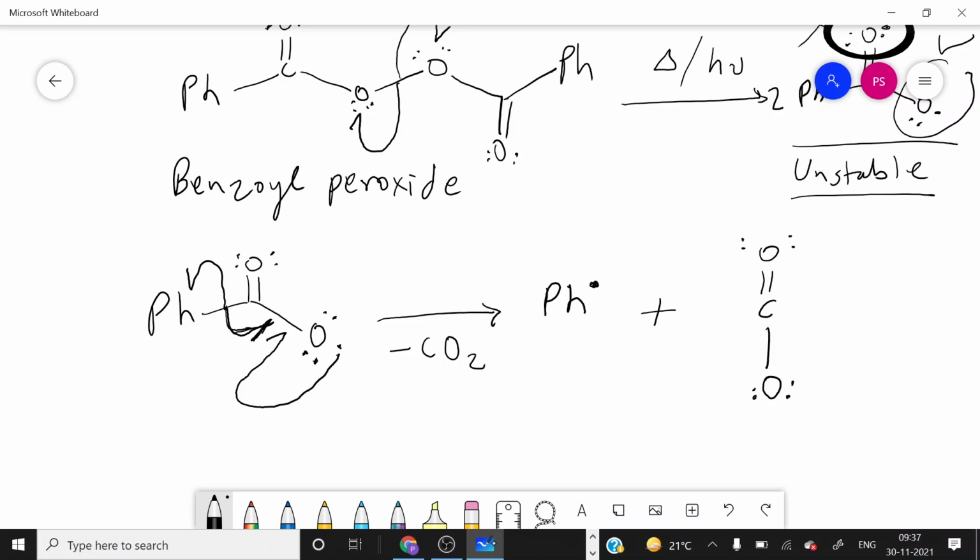But remember that this single electron shifts in between carbon and oxygen and one electron came from the carbon-carbon bond, thereby forming a second bond in between this carbon and oxygen. So we get carbon dioxide gas here. The upward arrow indicates carbon dioxide gas released.